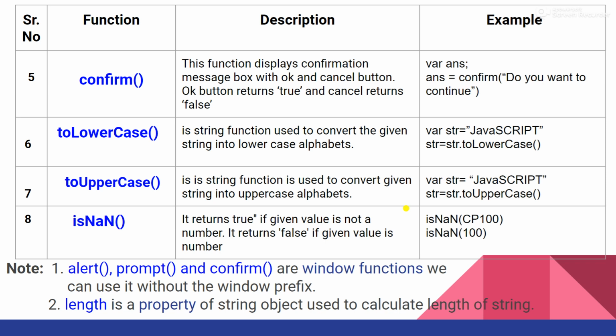Now Script is purposely written in capital. And now I want to convert this JavaScript into all small case. So what I will do is str equal to str dot toLowerCase. So what will happen? Whatever is present in str will get converted into all small case, and again the same thing will be stored in the str variable only, meaning it will overwrite.